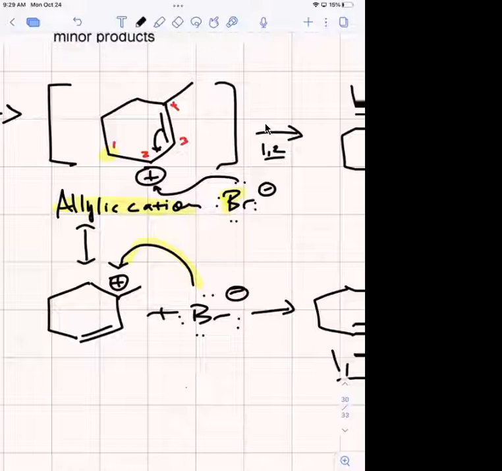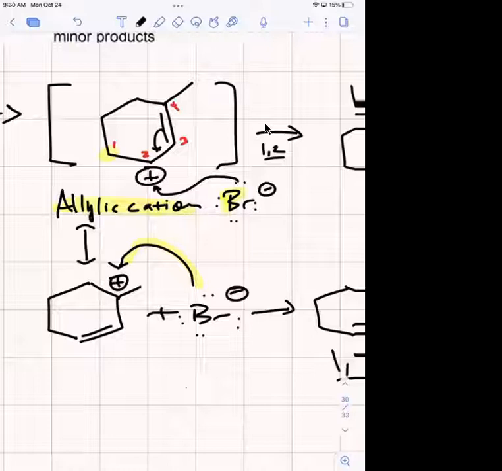Yeah, it does. So it wouldn't be wrong if, let's say it's kinetic, and I draw both the 1,2 and 1,4 isomers? It wouldn't be wrong to draw it, and then if I label it, if it's kinetic, the 1,2 would be my major product.